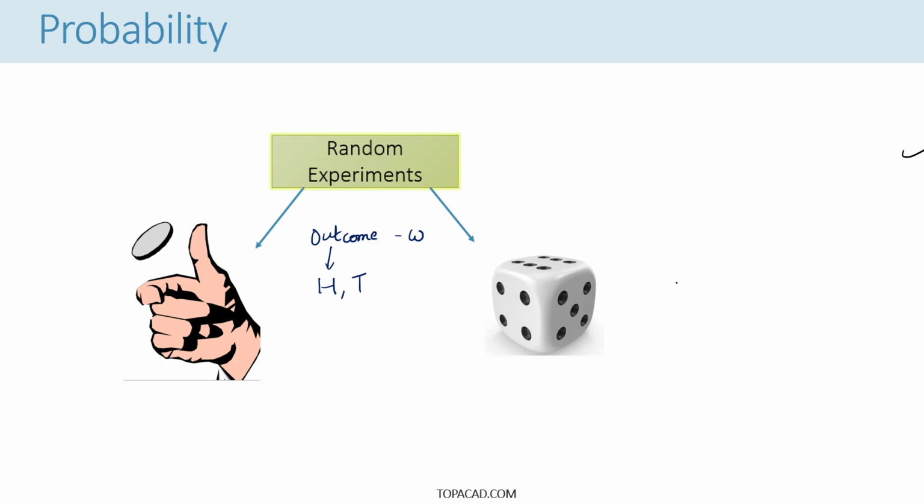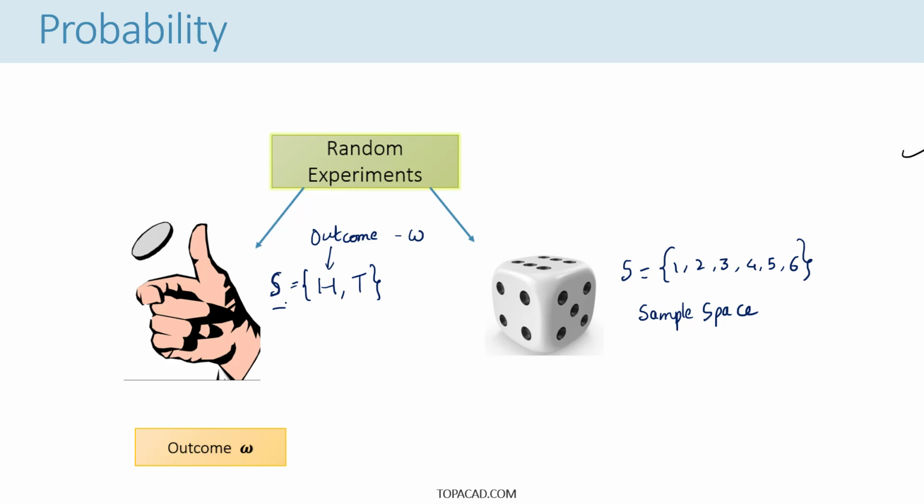When we roll a die, there are 6 outcomes: 1, 2, 3, 4, 5 and 6. So if we take all the outcomes and put them in a set, it is called a sample space. Sample space is nothing but a collection of all possible outcomes. It is represented by the letter S.